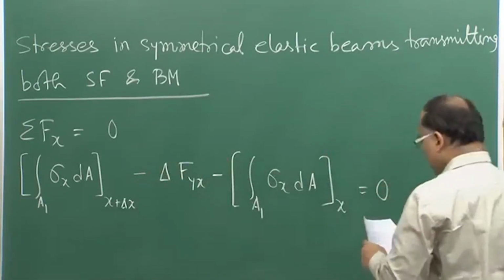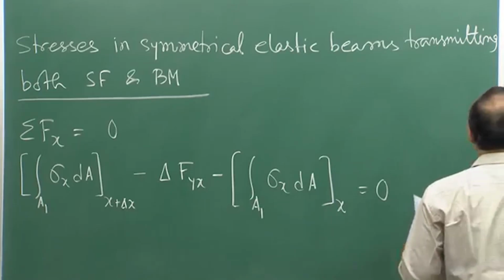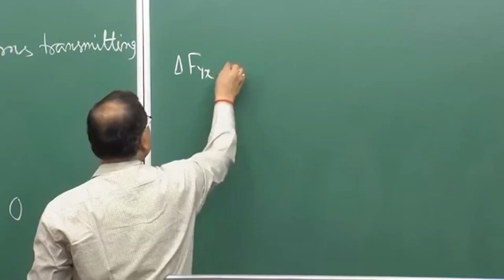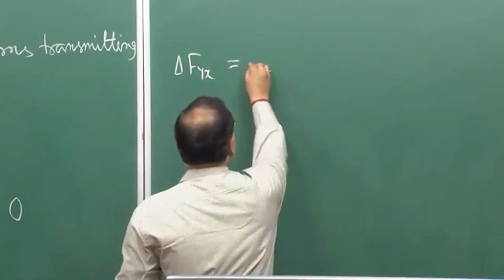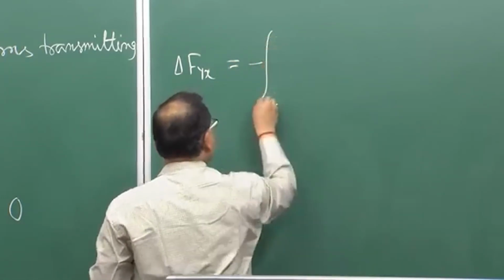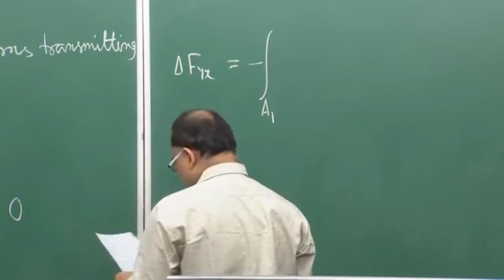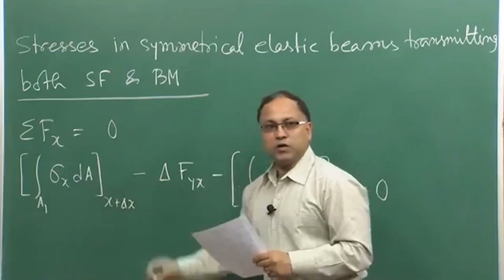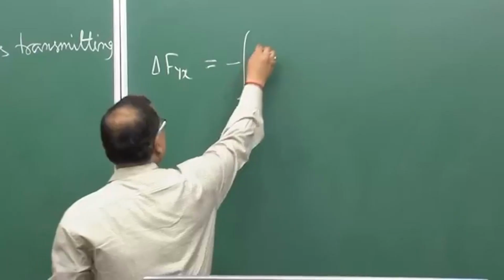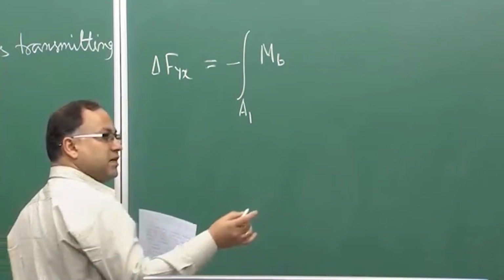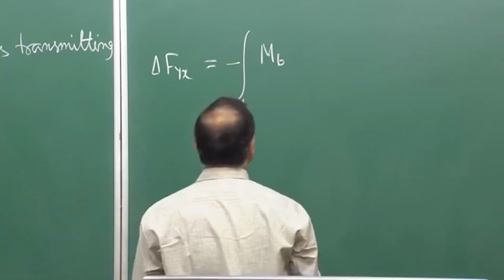Now from this I can simply write delta f y x equal to minus integration over the area A1. Instead of sigma x, we can write, as we know, the bending moment at that particular section at x plus delta x distance.